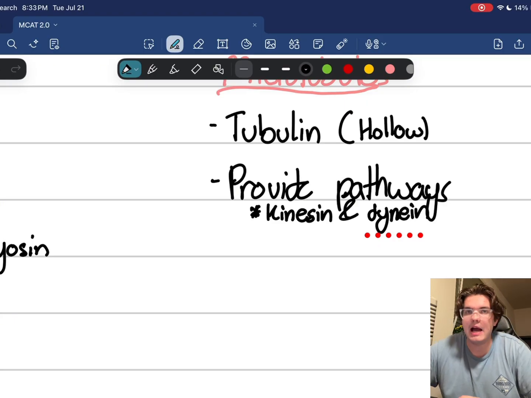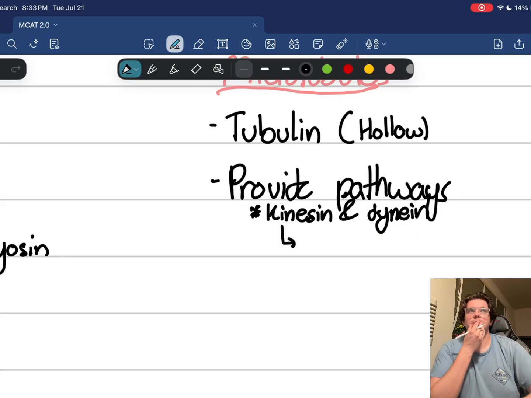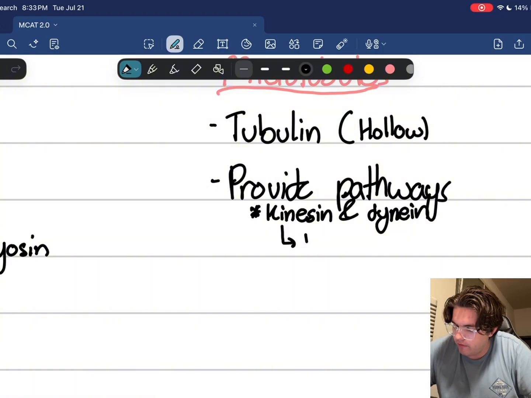So it allows for those proteins to carry. What do these proteins carry? If you were to think about the movement of things, what have we talked about previously? This part that moves things around, vesicles.